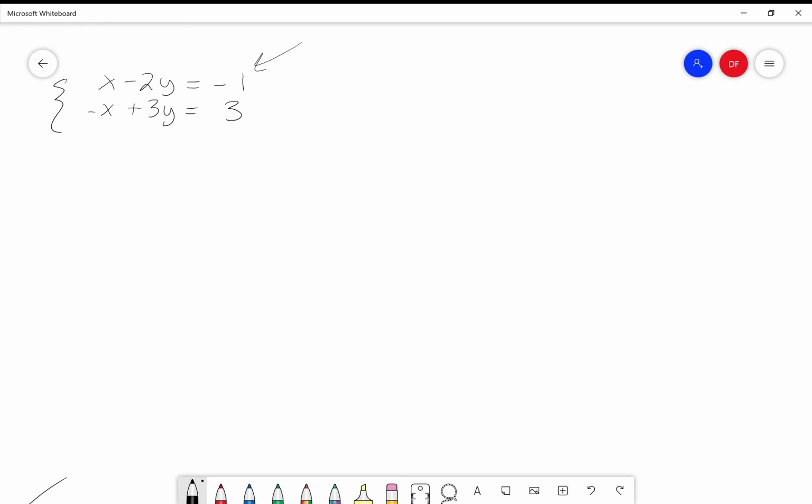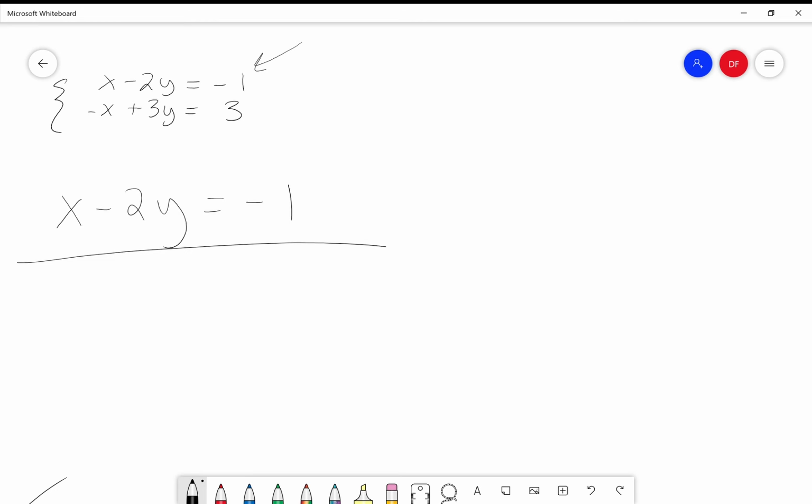We know geometry is the mathematical study of shapes. So, lines, parabolas, circles, rectangles, things like that. So, what kind of shape does x minus 2y equals negative 1 have? What is the shape of this?